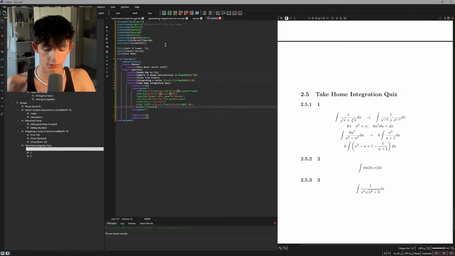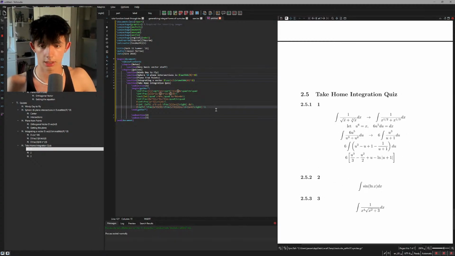Frac u cubed over 3 minus u minus frac u squared over 2 plus u minus the natural log of the absolute value of u plus 1, and then add the right bracket on there. That's what that looks like.